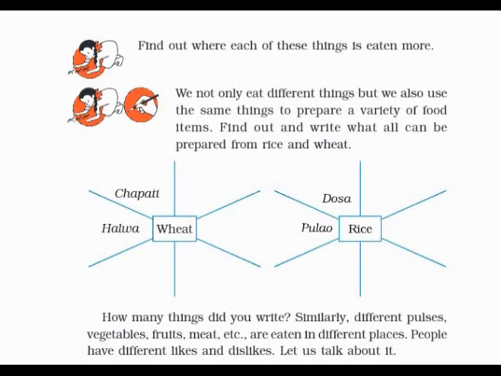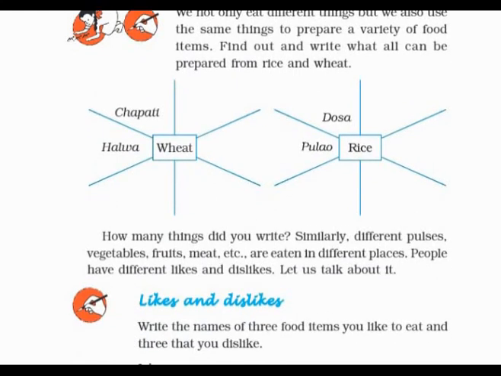Now students, as you all know, our main cereals are wheat and rice. With the help of these cereals we can prepare a lot of dishes. For example, with wheat we can make chapati and halwa, and with rice we can make pulao, dosa, idli.